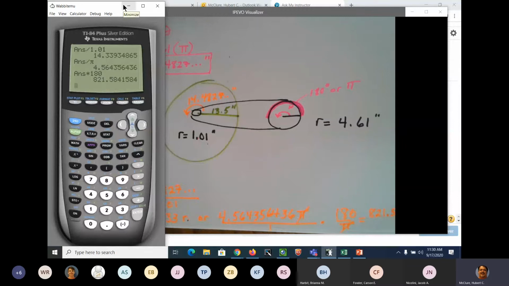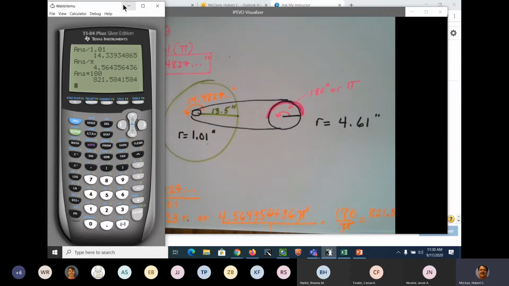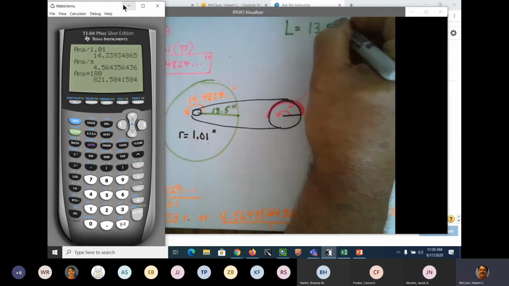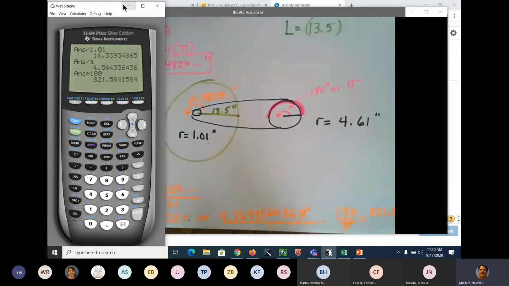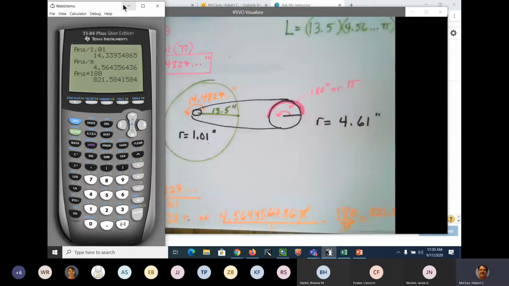Now, we can use both of these numbers because this is pi, this is radians. So we're going to go up here and we're going to do the arc length of the bicycle wheel, which is equal to 13.5 times 4.56... pi. And that should give us our answer of how far the wheel has traveled.